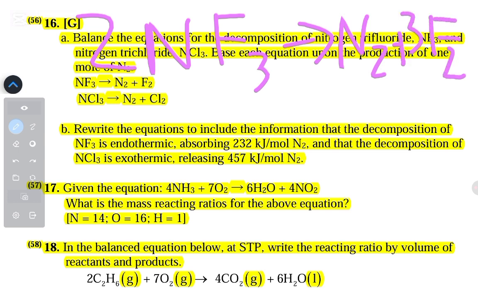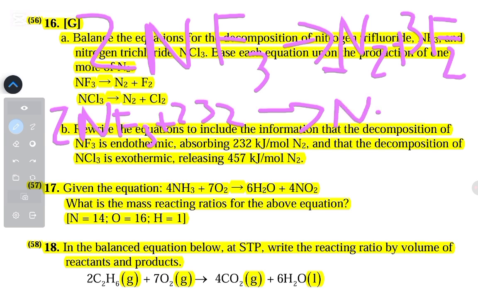They said absorbing 232 kilojoule per mole of N2. We have how many moles here? We only have 1 mole of N2, just one. So it's just going to be 232. So 2NF3 plus 232 gives you N2 plus 3F2. Okay, next one.